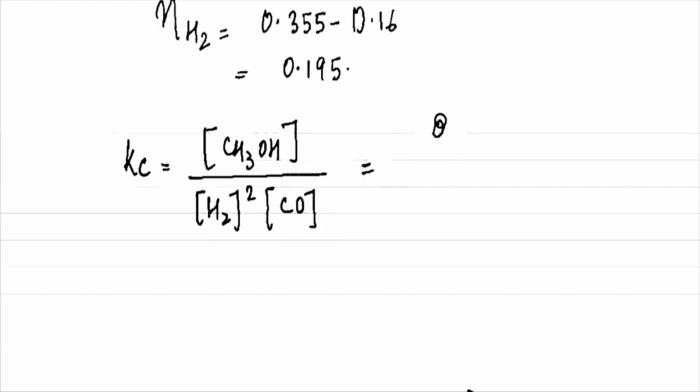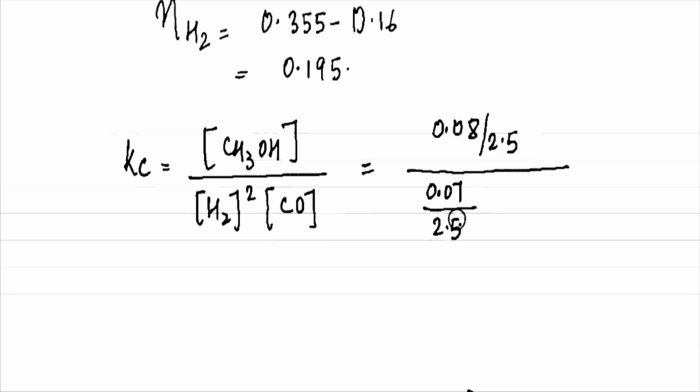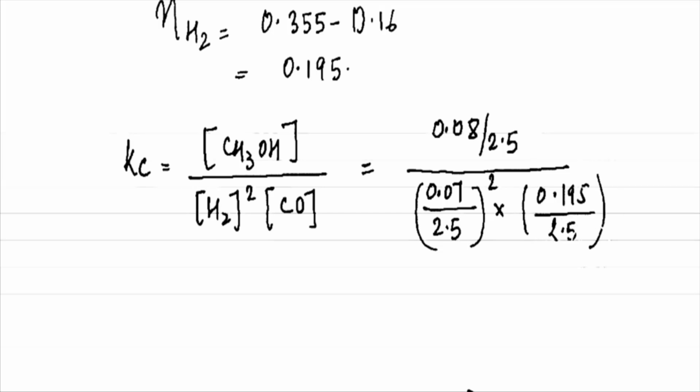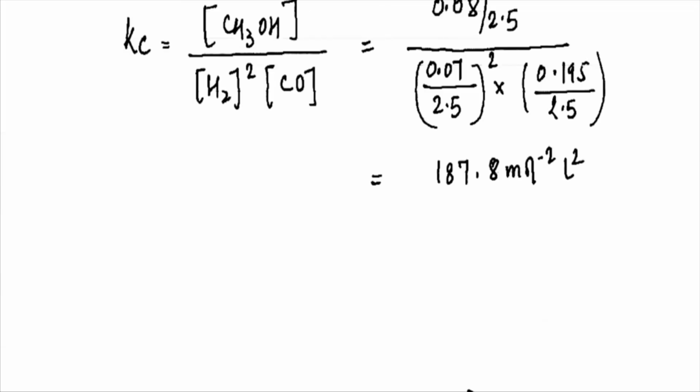And this will be equal to 0.08 upon the volume, which is 2.5, upon 0.195 moles of hydrogen upon 2.5 to the power 2 into 0.07 upon 2.5, right? And if you just solve this up, we'll get a value of 187.8 mole liter square per mole square, right? So this is something that we got. The value of Kc we have already calculated.